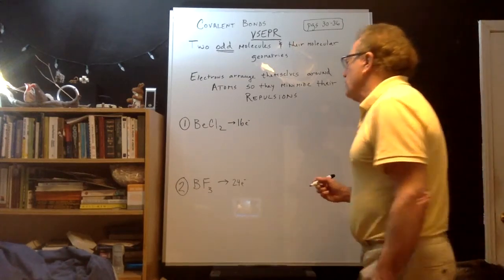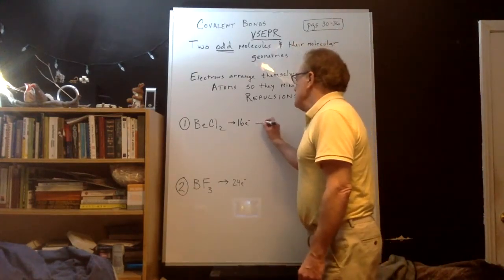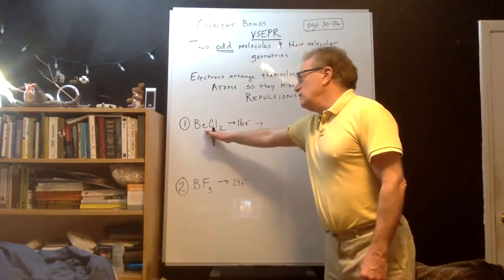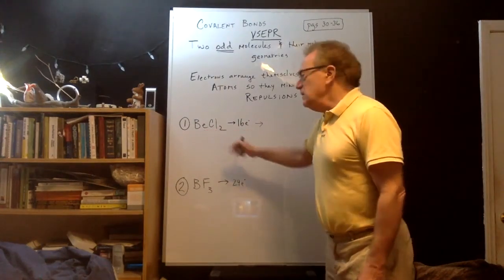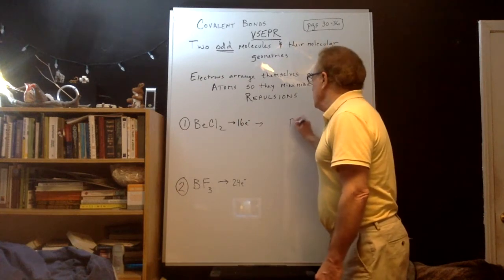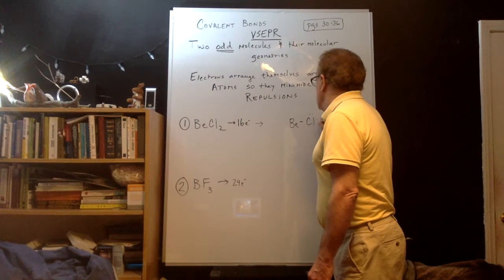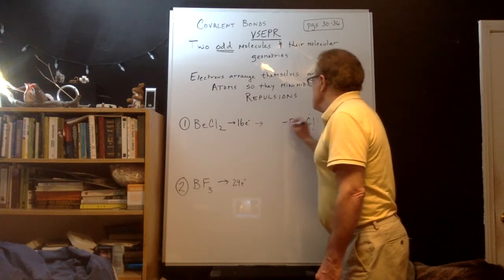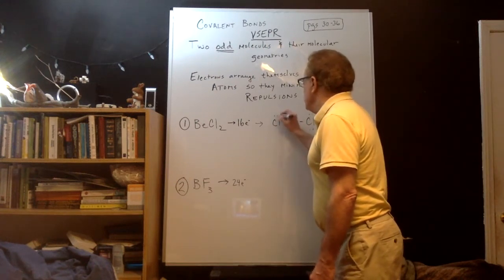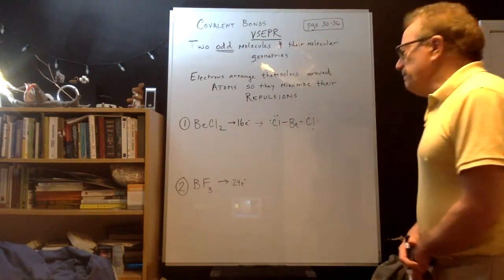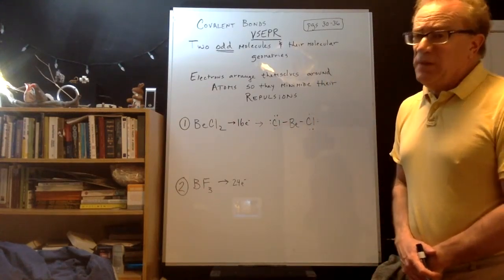But if you look at the structure of this thing, it's only got 16 electrons when you count them up using Lewis structure ideas, and it ends up creating a molecule that looks like this. So you have a central atom that only has 2 bonds, and it's only got 4 valence electrons.